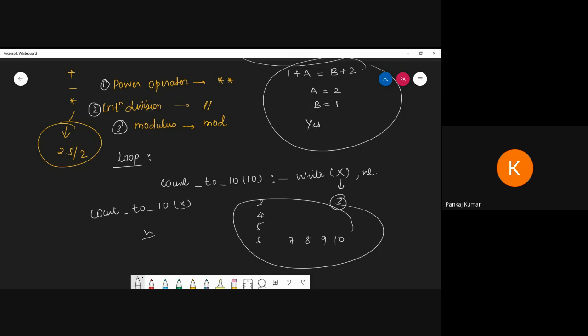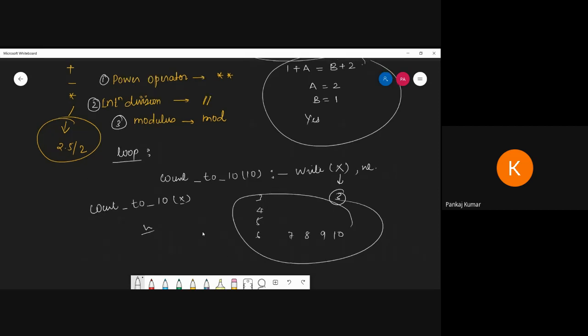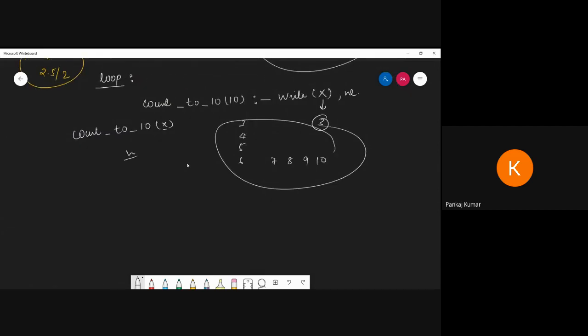Same like decision statements we can use. Okay, in the decision statements we can use an if else statement. So in the place of decision statement, what are we going to use? Decision making.